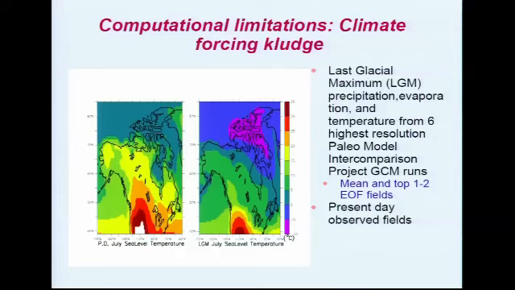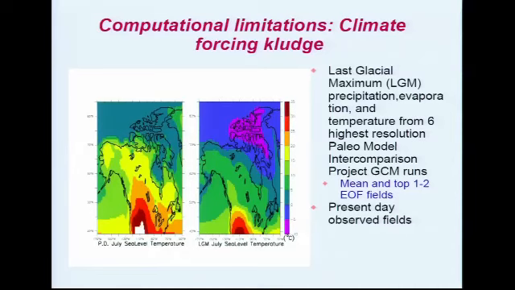So given the climate issue, it's critical for the model evolution. You can't run a GCM. What I use is last glacial maximum precipitation, evaporation, and temperature climatologies from the PMIP, the Paleoclimate Modelling Intercomparison Project.